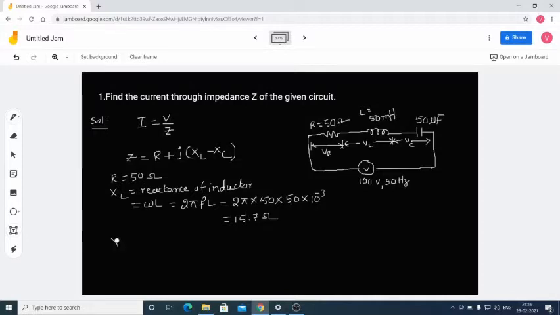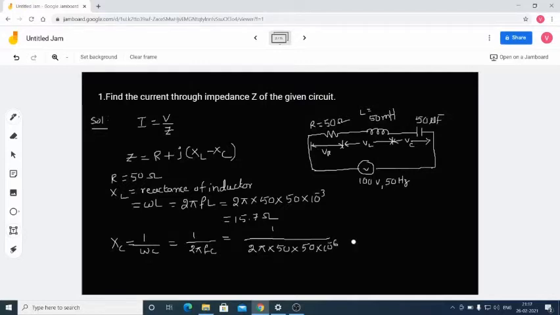Then we need to find the reactance of the capacitance, that is XC, which is given as 1 upon omega C. We can rewrite it as, instead of omega, 2 pi f C. I am substituting the corresponding values given in the circuit. 1 upon 2 pi into the frequency, which is 50, into the capacitance, 50 microfarad. 50 micro means 50 into 10 power minus 6.